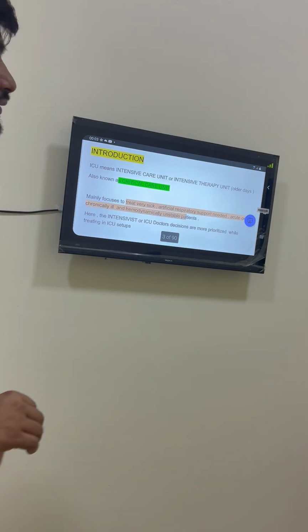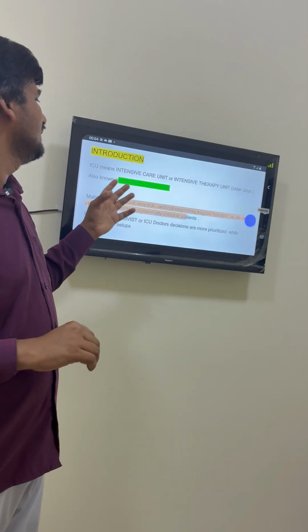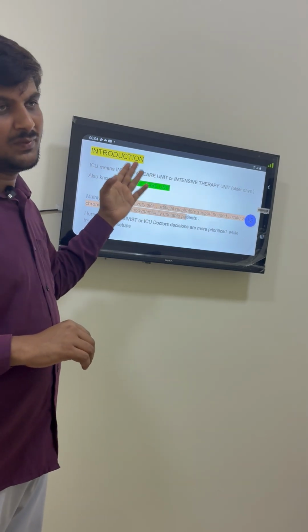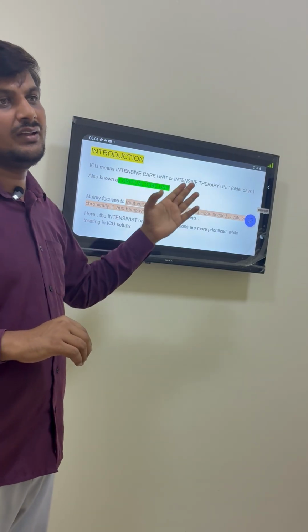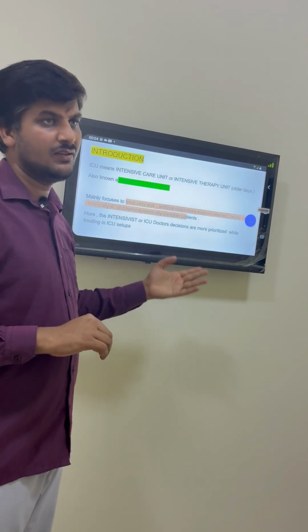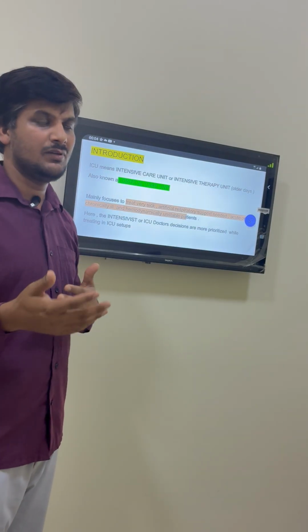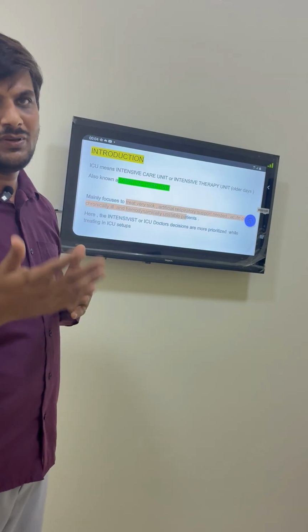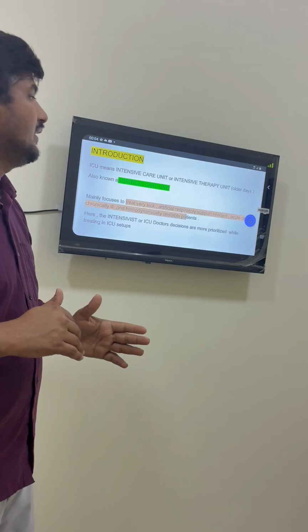Then what is the meaning of the ICU? ICU is simply the intensive care unit. Intensive means this is a unit that goes with an individual care approach. In the ward we can usually see the staffing is less, and the staff-patient ratio will be high, but in the ICU setup usually a 1:1 ratio will be there.